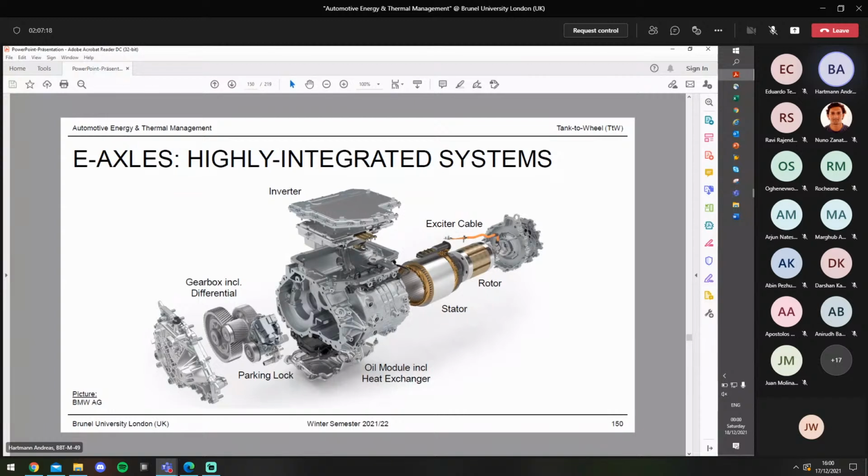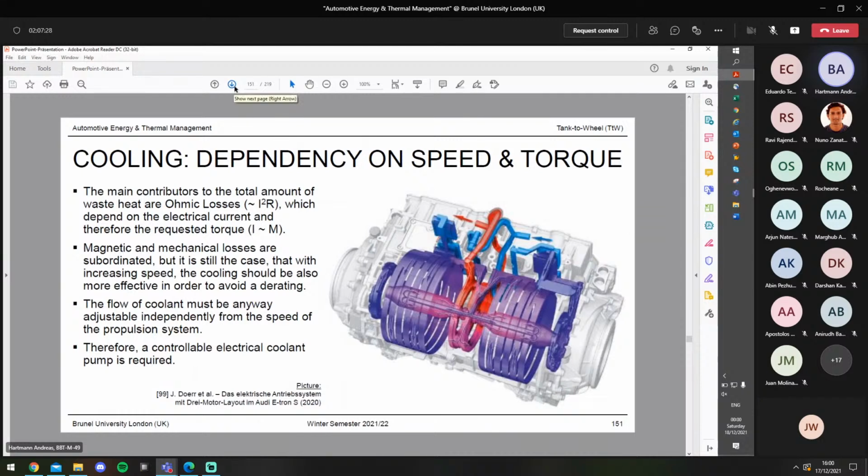And there is an oil module, including heat exchanger, which transfers the heat of the oil to the coolant circuit, as well included. Then you need to cool the housing and also the stator of the e-motor with a coolant.